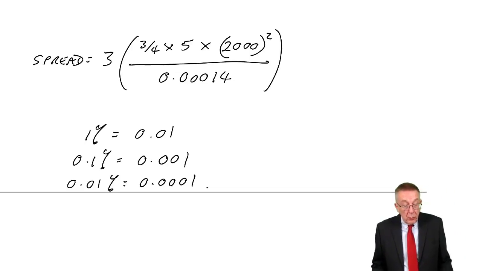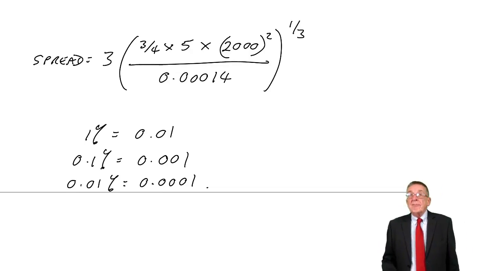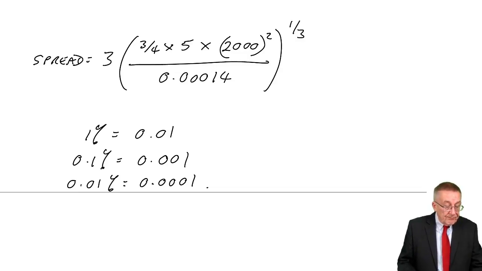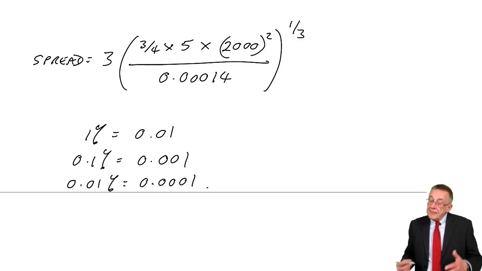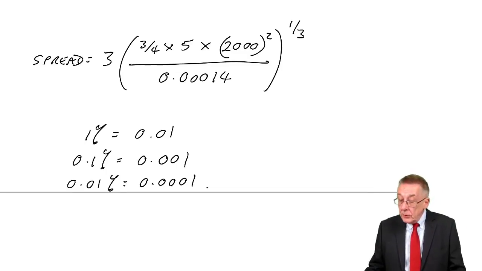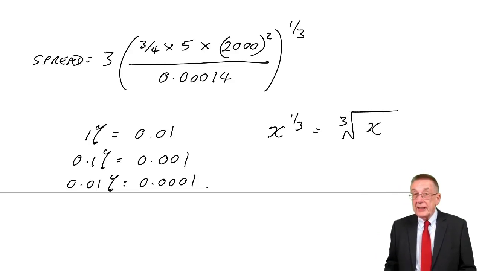Finally, it's to the power 1/3. And how you do this is up to you. With a scientific calculator, taking something to the power 1/3 should be easy enough. But you should, I think, be clear from school that something to the power 1/3 is the same as the cube root of the number.